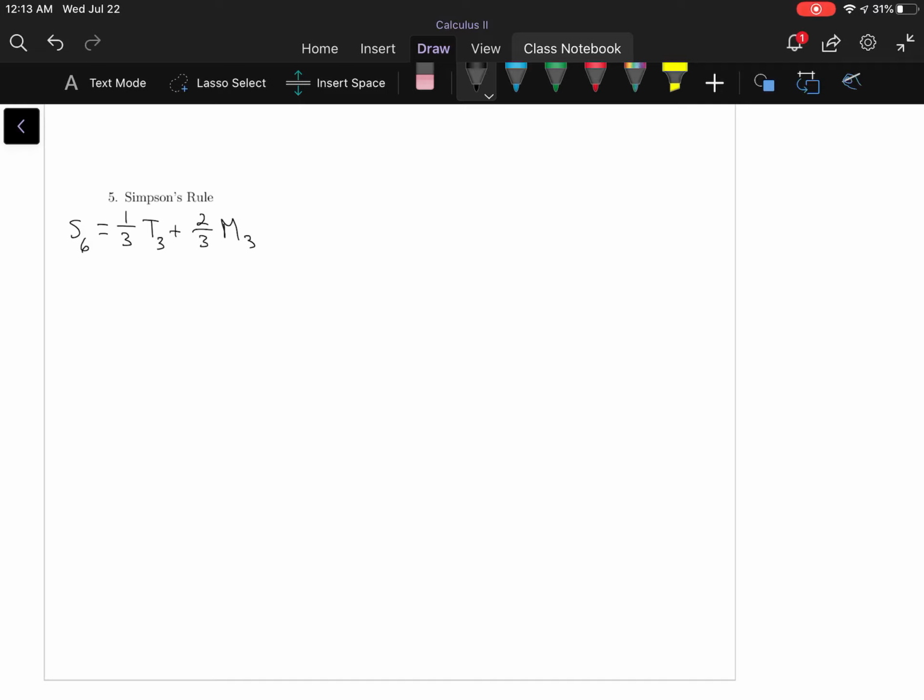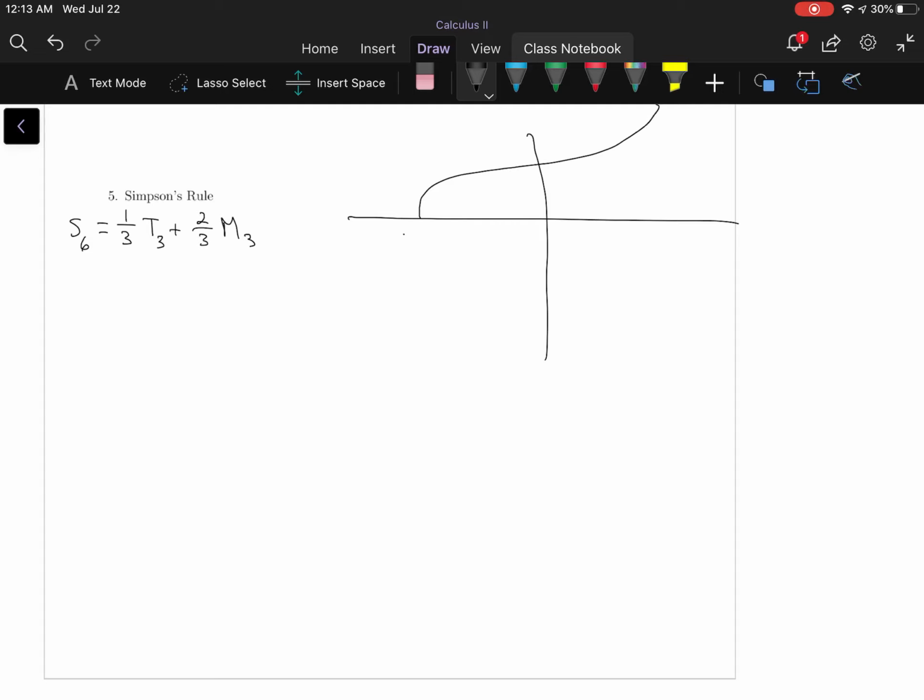So let's go through the whole process again. I'm going to do a quick sketch of the curve. And based on 3 subintervals, we've got that our width, or the change in x, is going to be 1 minus -1 over 3, which is going to be 2/3.